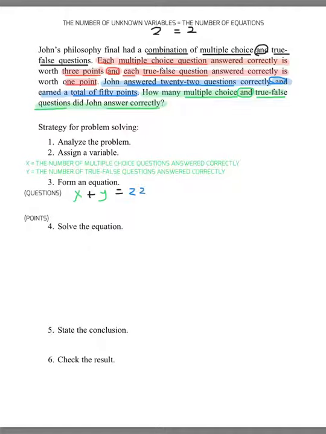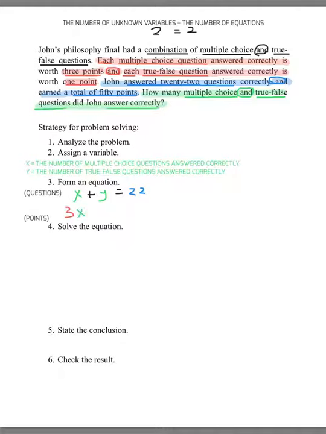Our second equation is a similar idea, but now it's going to be about points. So we're going to combine the red with the blue. Each multiple choice question answered correctly is 3 points, and each true-false question answered correctly is 1 point. So we multiply the number of questions by their point value. The multiple choice questions are worth 3 points, so we have 3 multiplied by x.